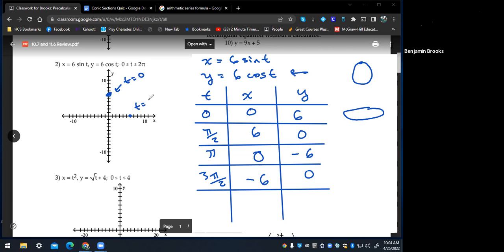This is t equal to pi over 2. And t equal to pi. T equal to pi over 2.